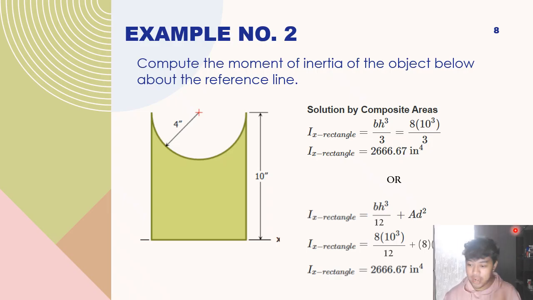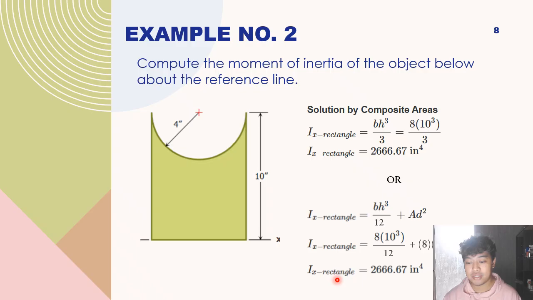So there, we have 8 times 10 cubed over 12, plus 8 times 10 times 5 squared. Let's check if it's still the same value. Okay, so that is still the same value. So this is the right data that we have.